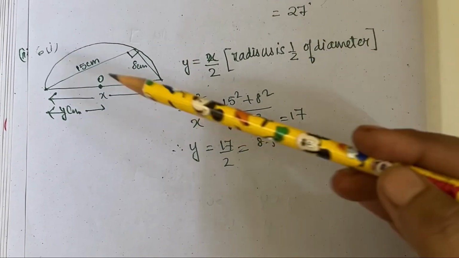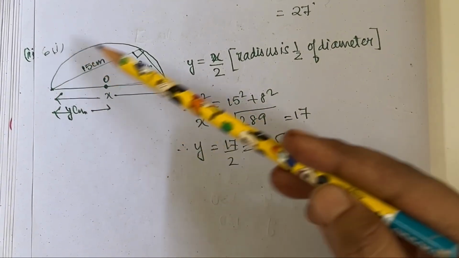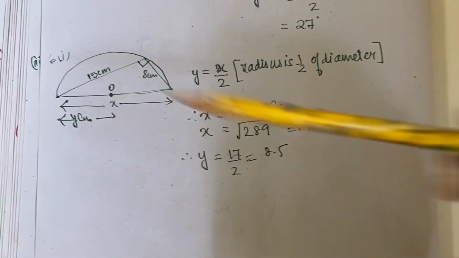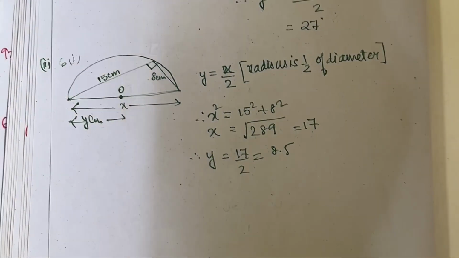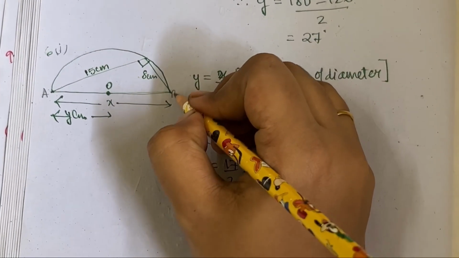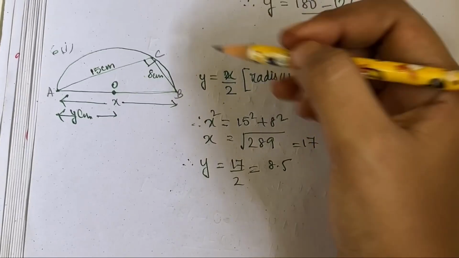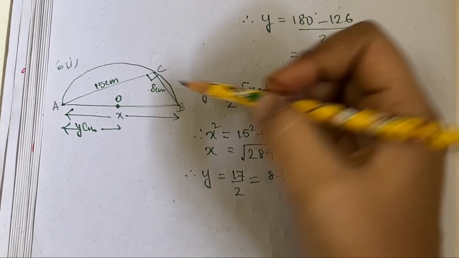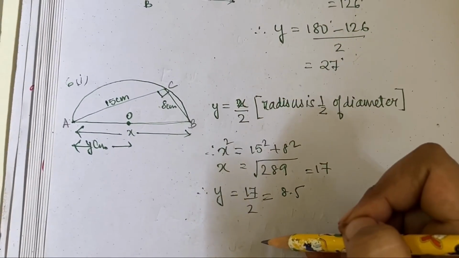So this is the figure for sum number 1 of exercise 6. If this is a semicircle that is given, first let us name the triangle as A, B and C. So angle C here will form 90 degree, BC is given as 8 and AC is given as 15.